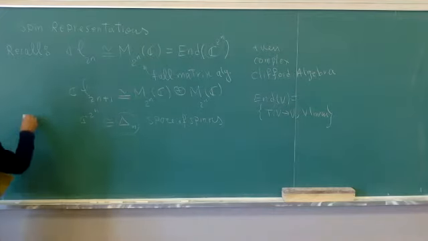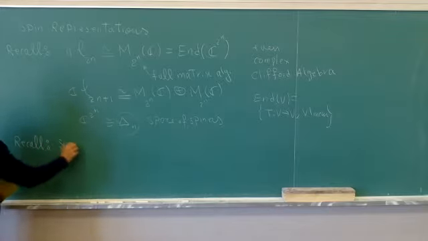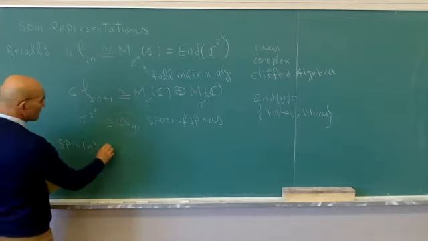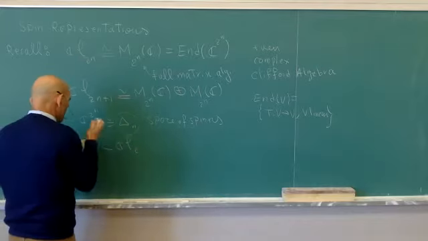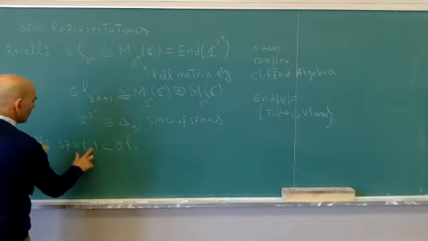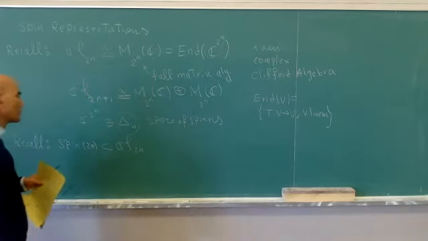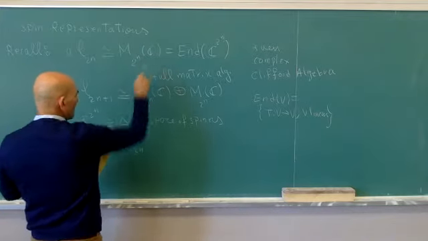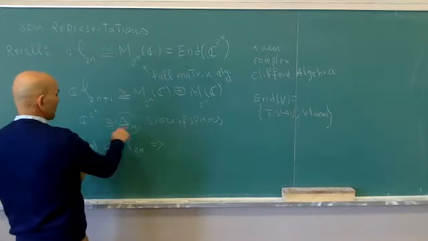Let us recall, as we discussed, that the spin group, Spin 2n, is inside this CL2n. And this isomorphism shows that it acts on this space.